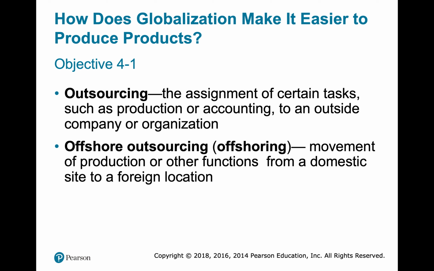That is an example of offshoring. And offshoring means that the company maintains authority or autonomy over what's happening. It's happening in a foreign country instead of in a domestic one. That is not the same thing as outsourcing.